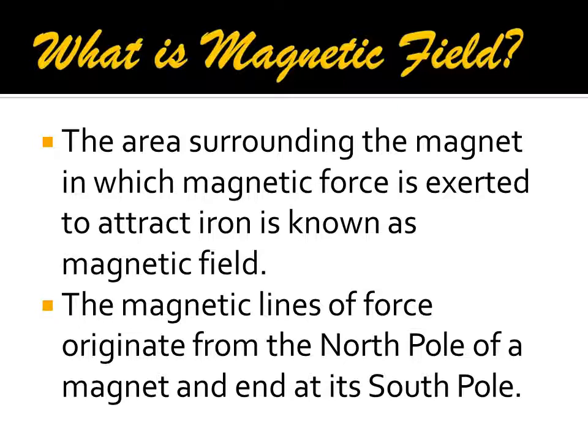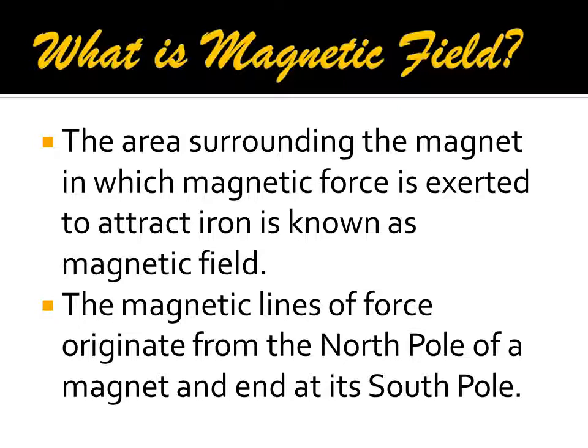No, because it has a certain magnetic field, or you can say it has a certain power. A small magnet has an area of about 10 centimeters, a bigger magnet, say 20 centimeters, a larger magnet, 100 centimeters. So it occupies an area, and that area is known as magnetic field.